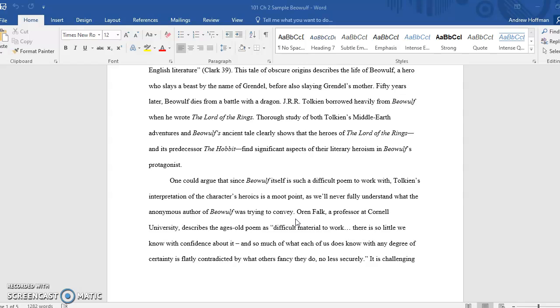If you're not familiar with the poem Beowulf, the earliest surviving manuscript is from about 1000 AD, but based on textual evidence, the poem could be as old as 600 AD. Nobody knows the name of the person who wrote the version of Beowulf that we have.